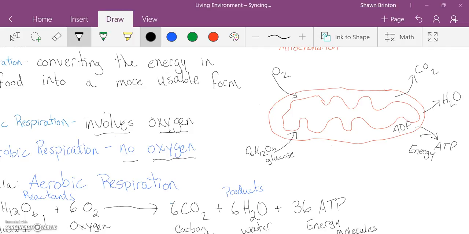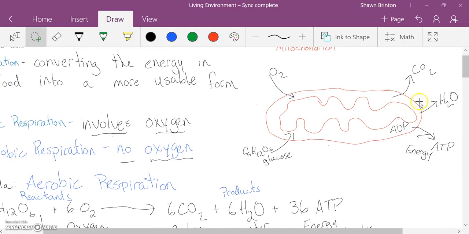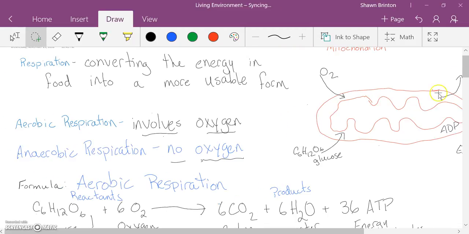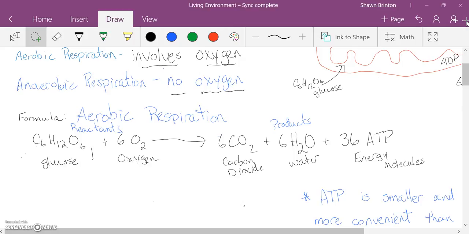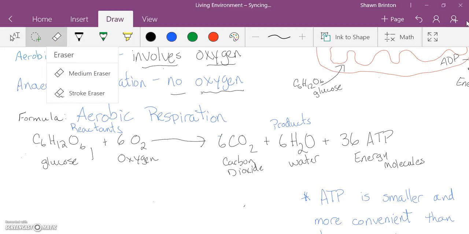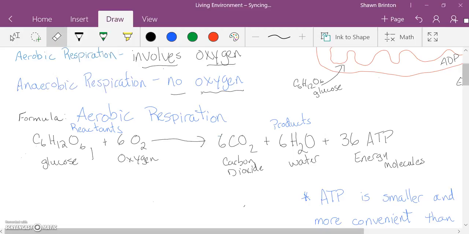Alright, so let's take a look at our formula of respiration, get that down. Our two reactants are glucose and oxygen. The formula: C6H12O6 is glucose, this is needed.